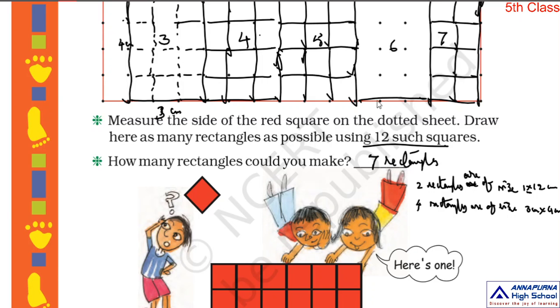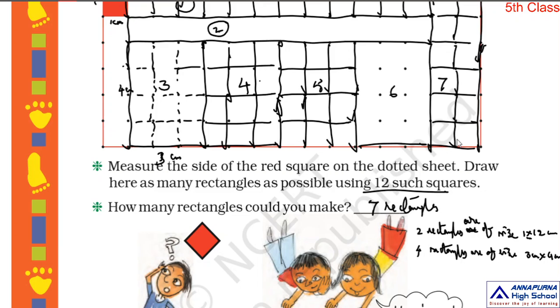And here one more rectangle is there. What is that? This is 2 units, let it be 2 centimeters, and this is 1, 2, 3, 4, 5, 6 centimeters. So this one rectangle is of size 2 centimeters into 6 centimeters.